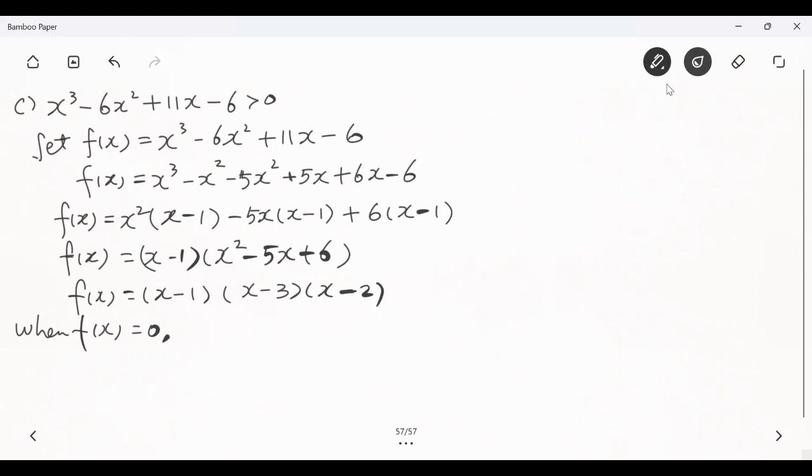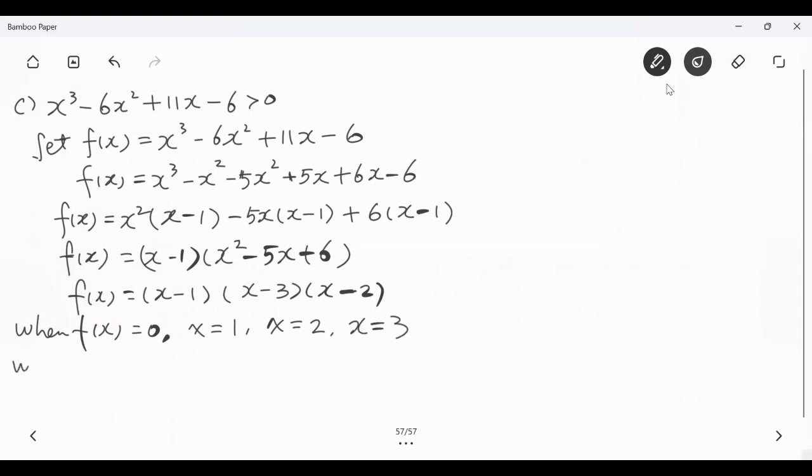Okay, so the x-intercepts we put in order, so we get 1, 2, 3. Or we can separate them one by one: x equals 1, x equals 2, x equals 3.